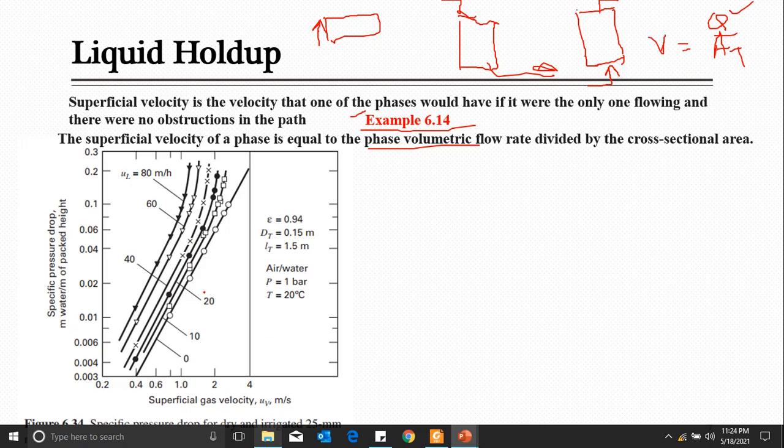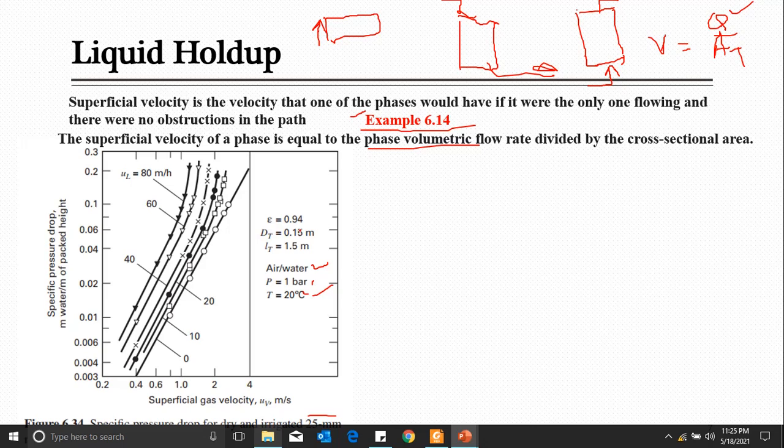This is also given by them, and in this case they used a specific Pall ring, 25 millimeter size packing, and the system in which it was used was air and water. In this column, when two fluids were contacting, the liquid was water and the gas was air, the pressure of the system was 1 bar and the temperature was 20 degrees C, and other specs are also given.